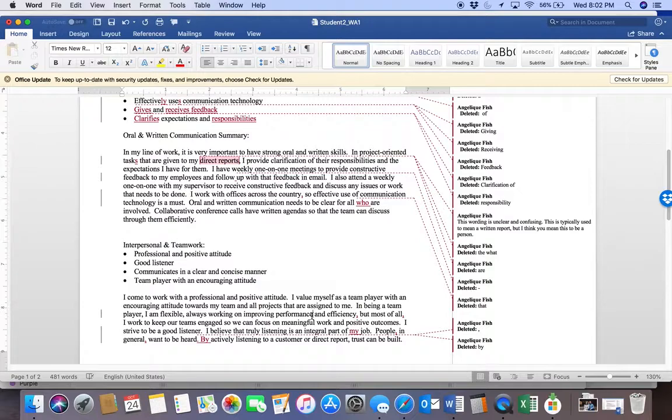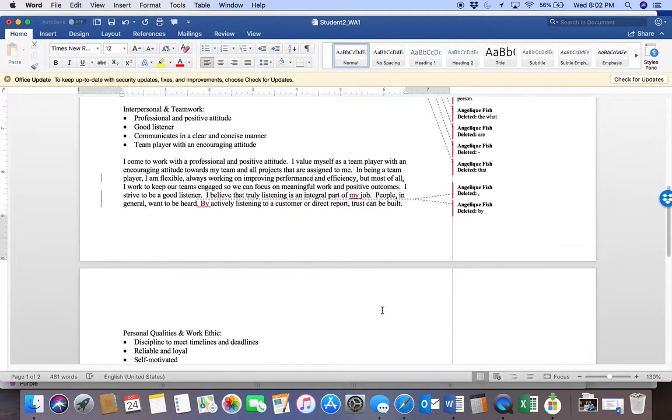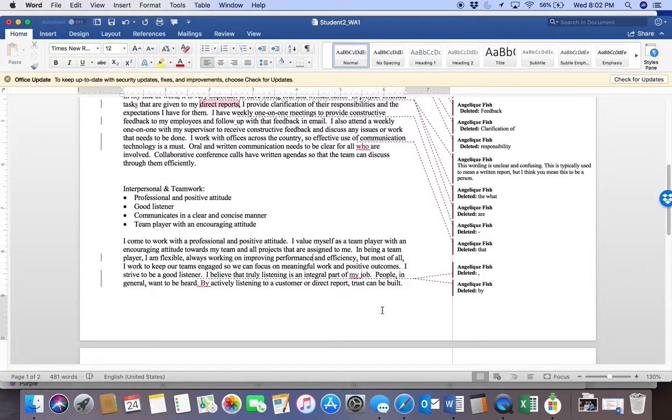So this one, again, is better than the first, although I wish there were a little bit more detail on the professional and positive attitude. This person did talk a lot about being a team player and about listening. What about communication? Clear. I didn't see that. Meaningful work, positive outcomes, I didn't really see where this was described.